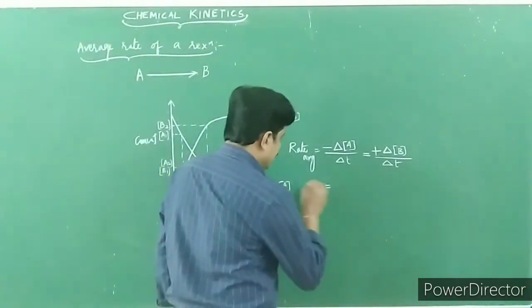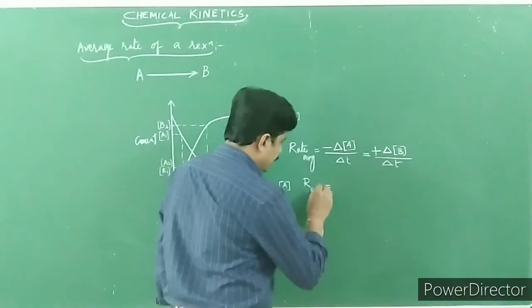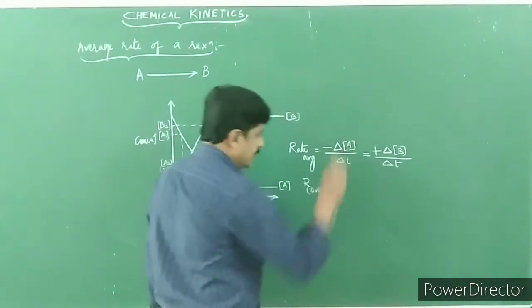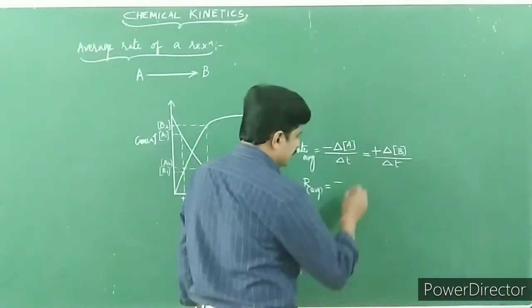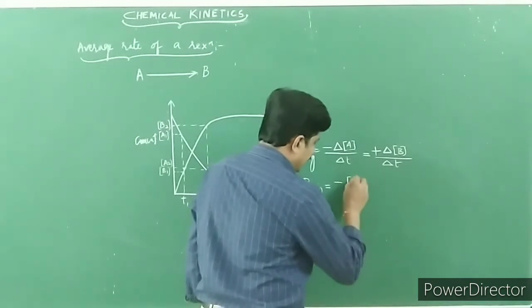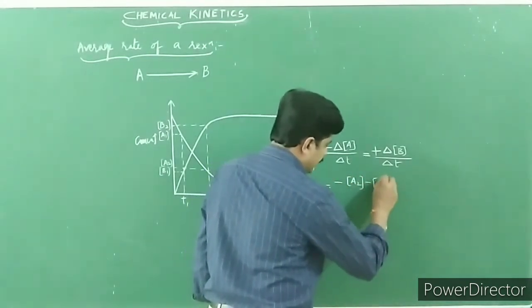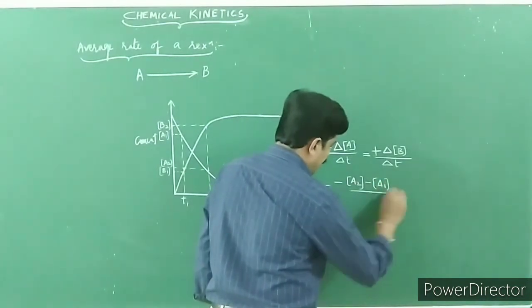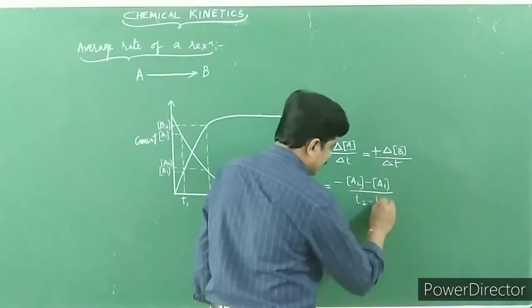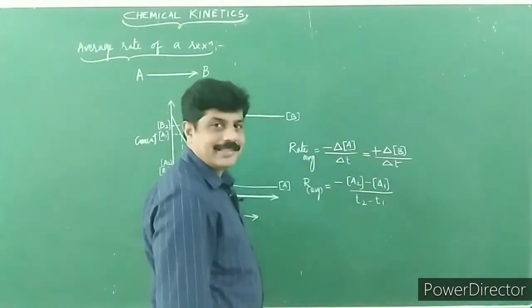Look at here. Average rate is equal to minus concentration of A2 minus concentration of A1 upon T2 minus T1. Hope you are getting that.